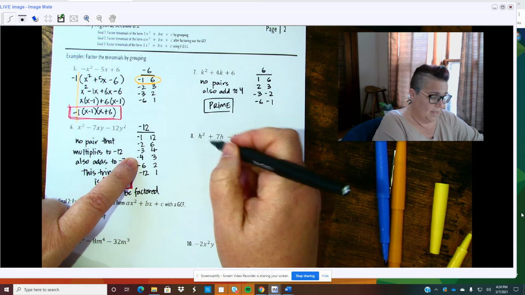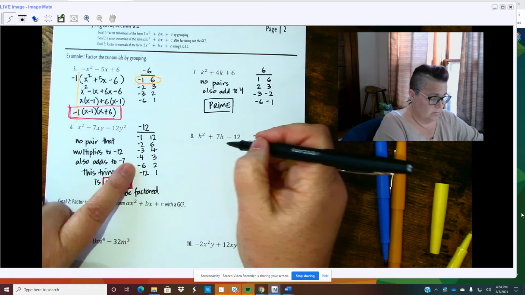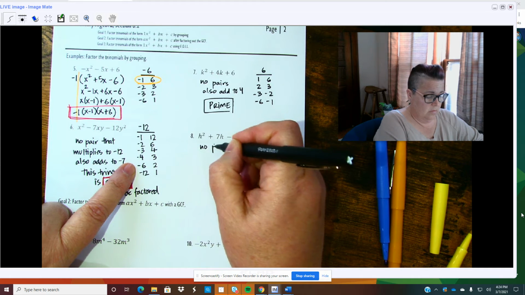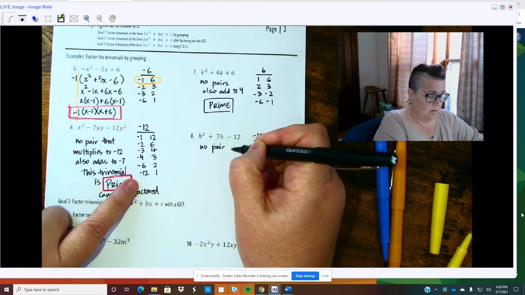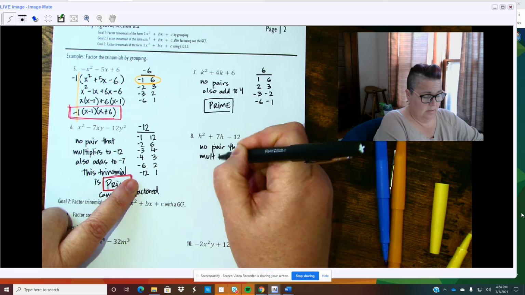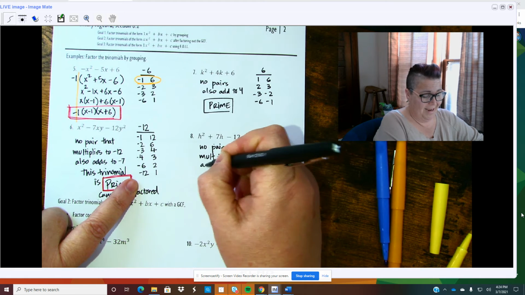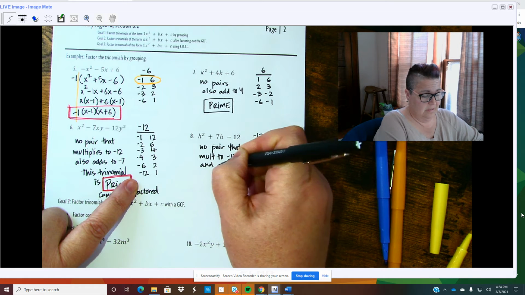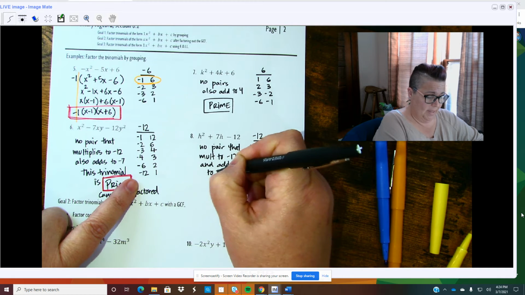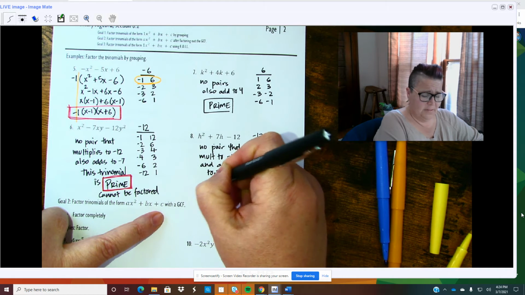Again, none of them will add to be a positive 7. So we have no pair, again, that multiplies to -12 and adds to a positive 7. So again, it's prime.